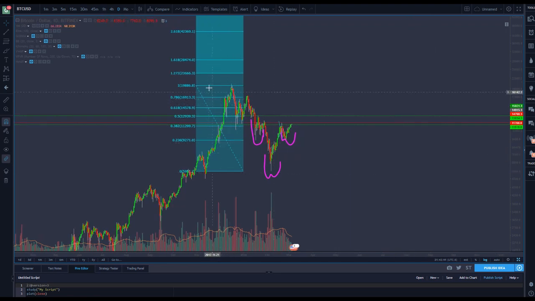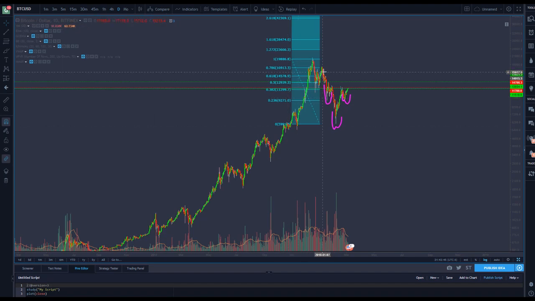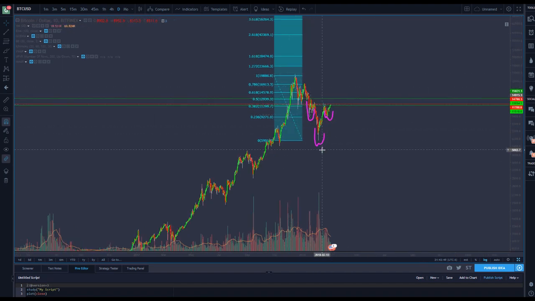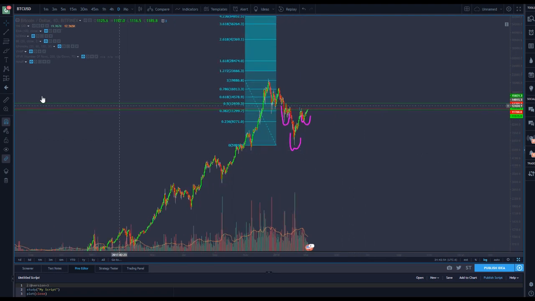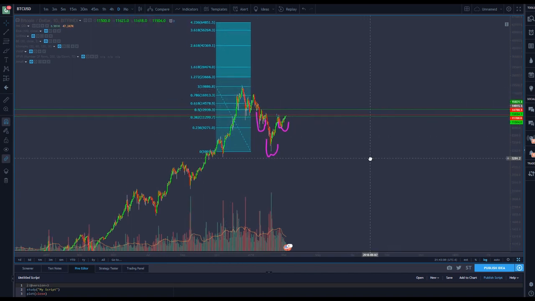But as you can see here, when I drew this out, after this huge pullback from the January bull run, it had a nice 70% pullback, something like that. So that's why I drew this Fibonacci retracement from this high to this low.